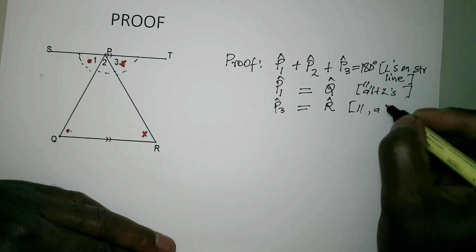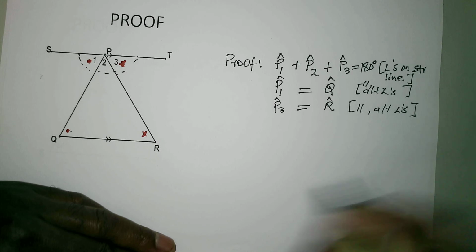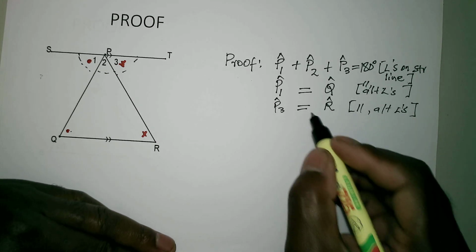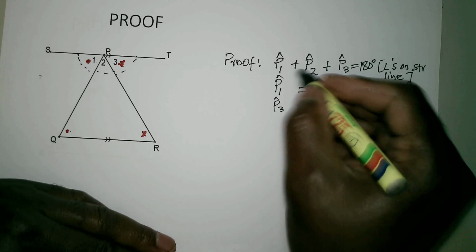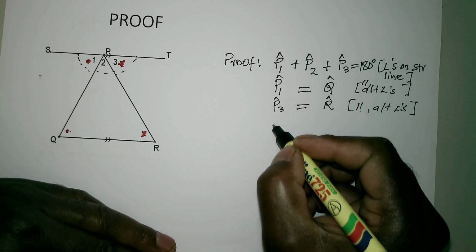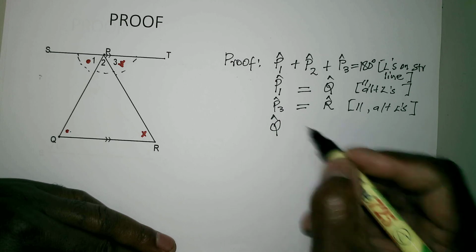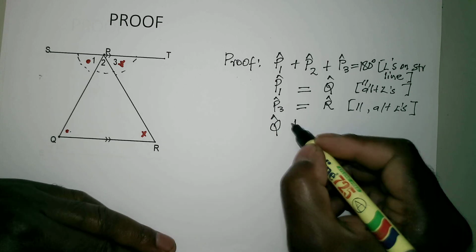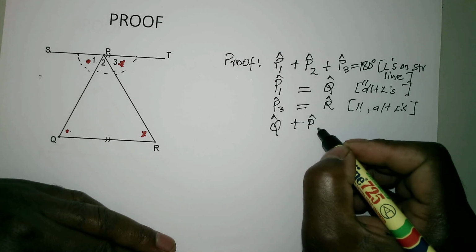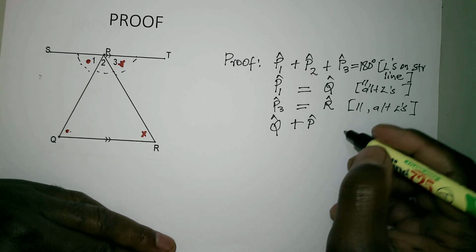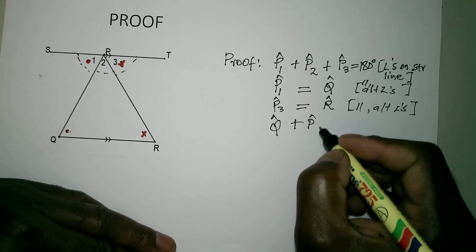Now we are going to do substitution. P1 will be replaced by Q, plus P2 because it's inside the triangle, because what we want is to prove that the angles inside the triangle equal 180.